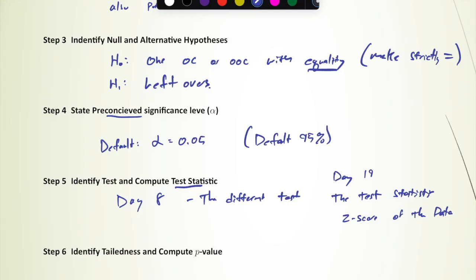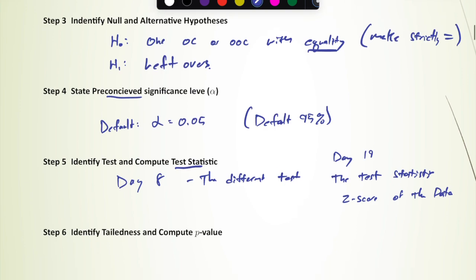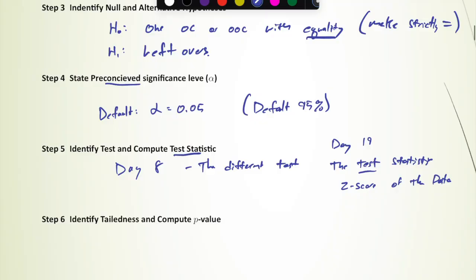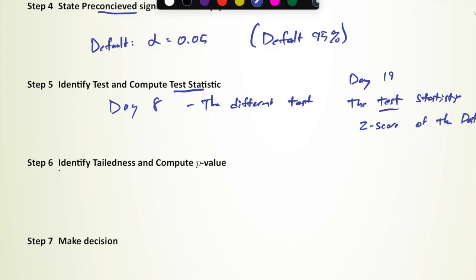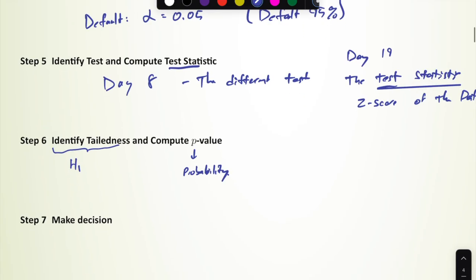We get this data value, we get this sample mean. We take the z-score of that sample mean. That is our test statistic. Identify tailedness and compute p-value. So to identify tailedness amounts to nothing more than analyzing the alternative hypothesis. Once you know what tail you need, and you have the distribution of the test statistic, you can then compute the probability. And that's what we're looking for, that probability.